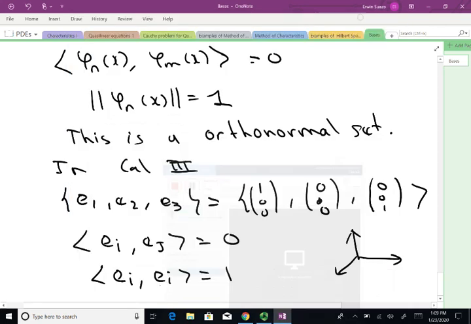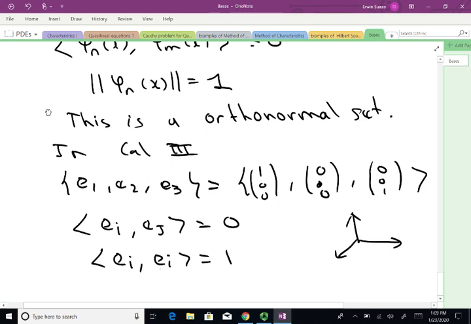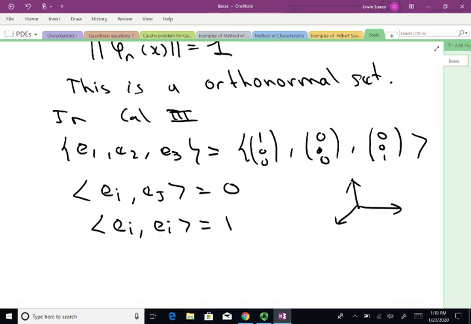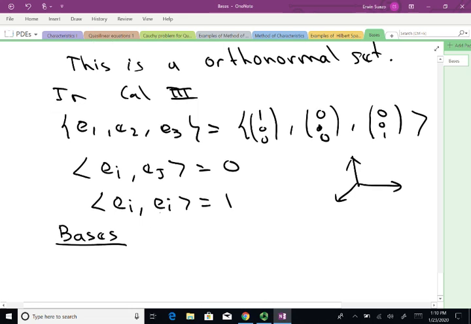Why do we want to do this? So let's talk now about bases. Finally, bases. Suppose you are in R3, and x is a vector in R3. Let's call it b.